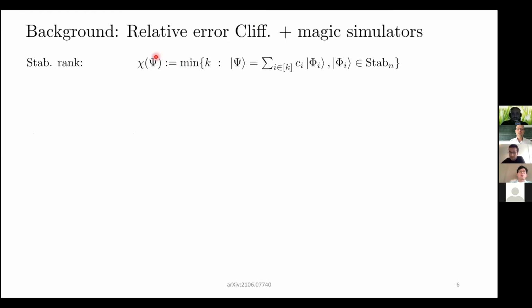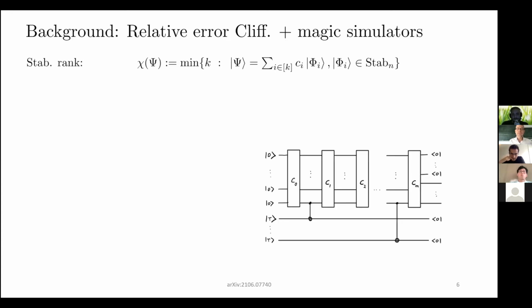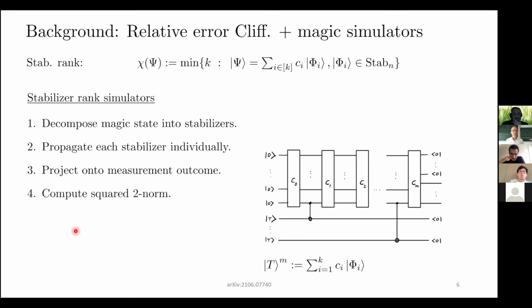It's an integer for any pure state that you input, defined as the minimum k such that this pure state can be written as a linear combination of at most k stabilizers. Okay, so with this, we can talk about stabilizer rank simulators.